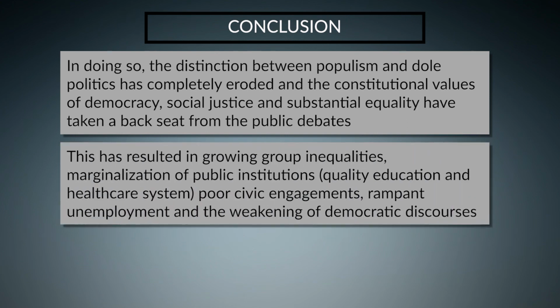This has resulted in growing group inequalities and marginalization, and in neglect of public institutions, whether quality healthcare, quality public education, poor civic engagement, rampant unemployment, and the weakening of democratic discourse. It is quite important to see how these populist measures, quote unquote welfare schemes, are eroding basic constitutional values and the functioning of institutions.